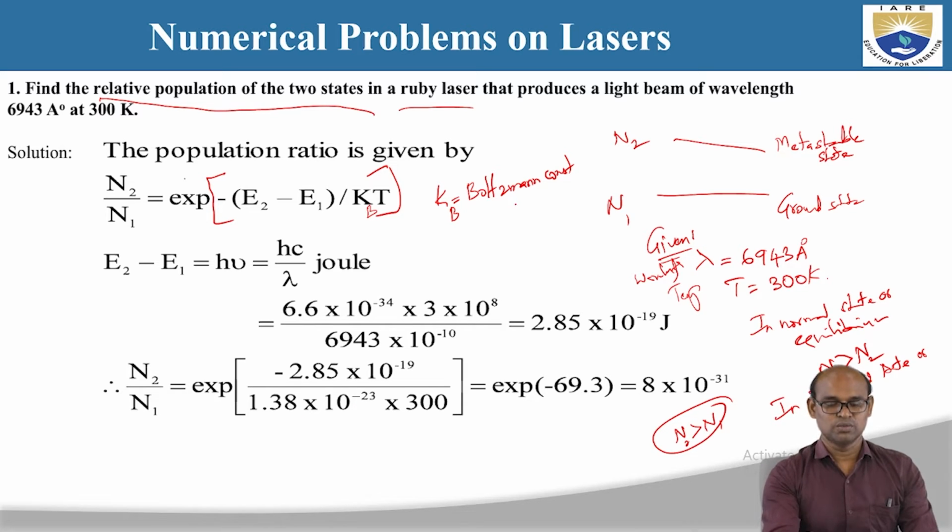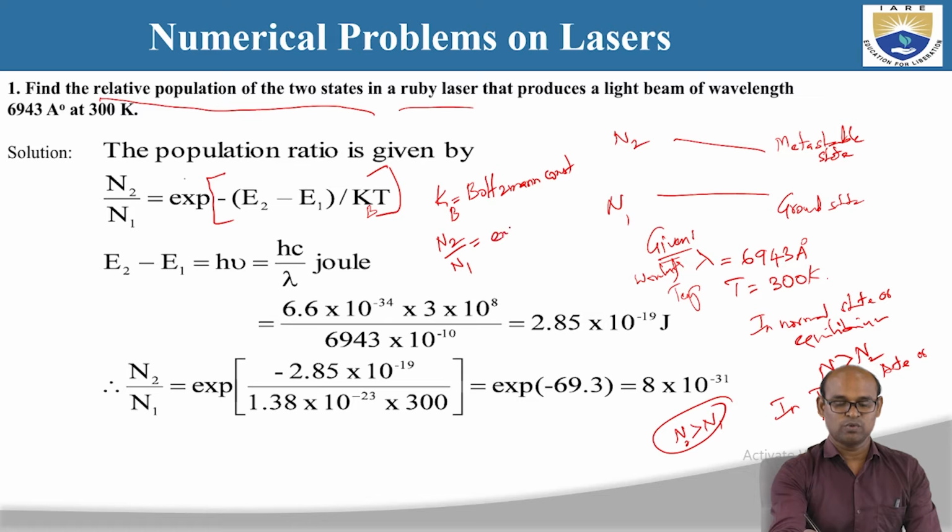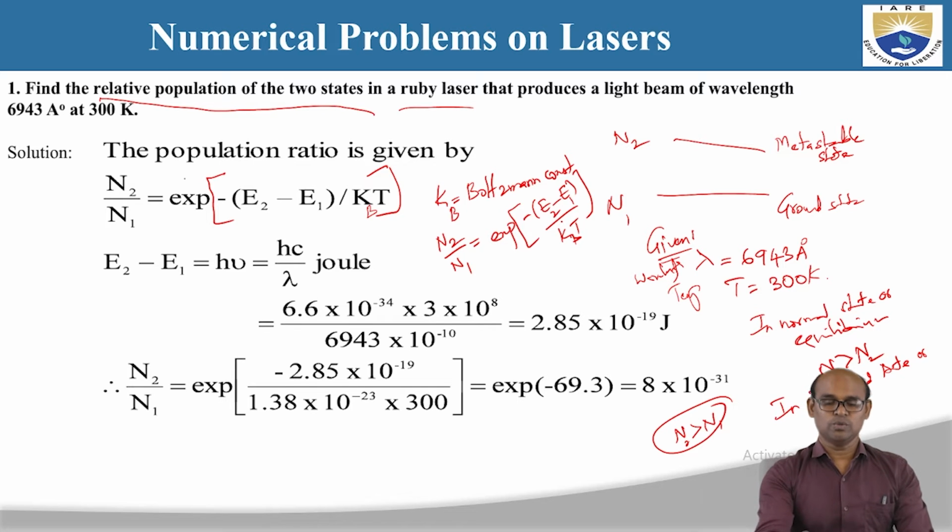So the relative population N2 by N1 is equal to exponential of minus (E2 minus E1) by kBT.